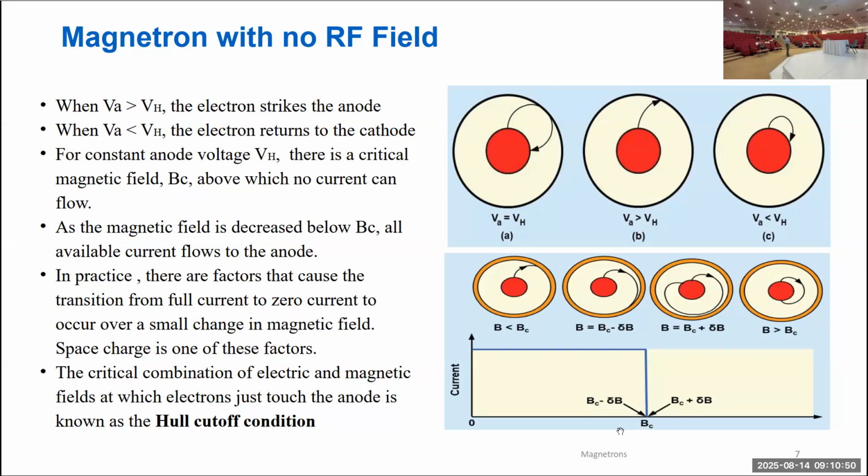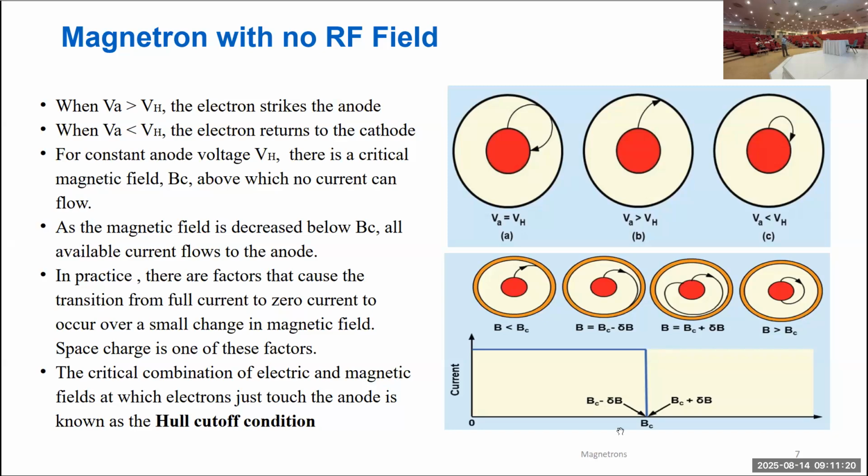Similarly, there is a critical value of magnetic field. If you fix the voltage, increasing the magnetic field beyond the critical value causes the electron to hit back to the cathode, and if it is smaller than that critical value, it hits the anode.